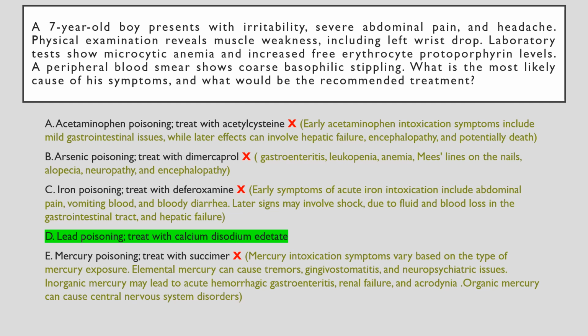Intoxication with inorganic mercury may cause acute hemorrhagic gastroenteritis, renal failure, and acrodynia. Intoxication with organic mercury may cause paresthesias, ataxia, dysarthria, and other disorders of the central nervous system.